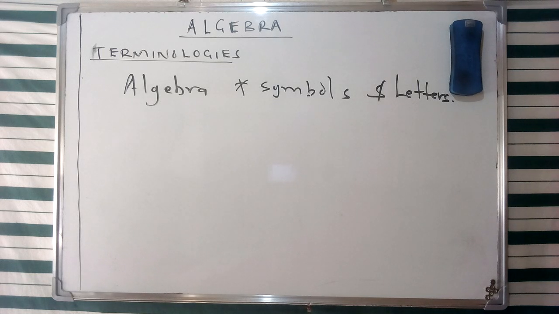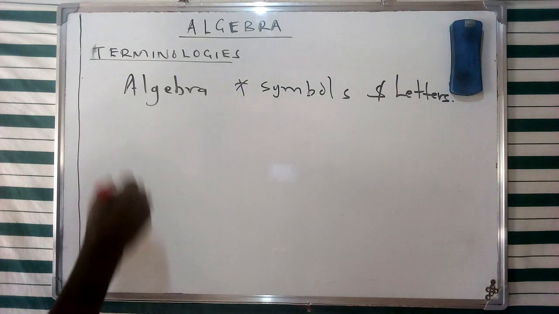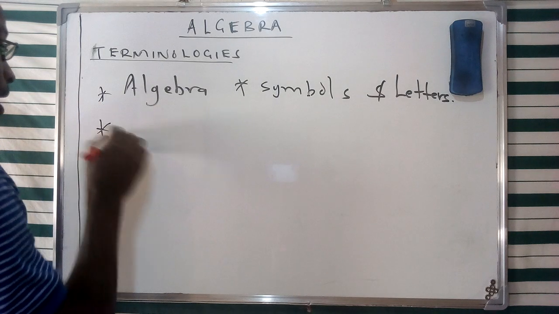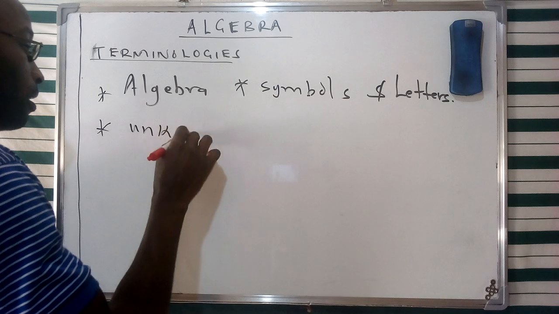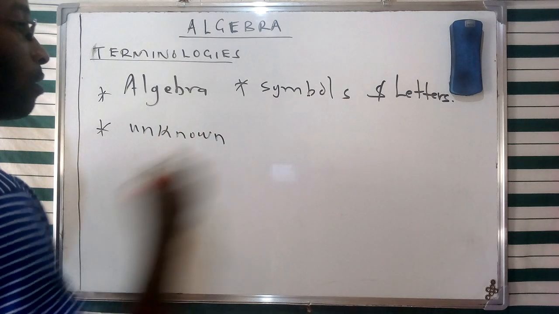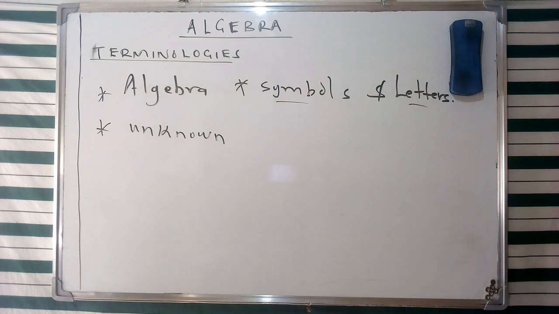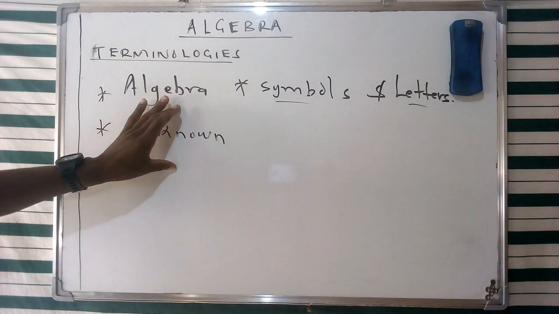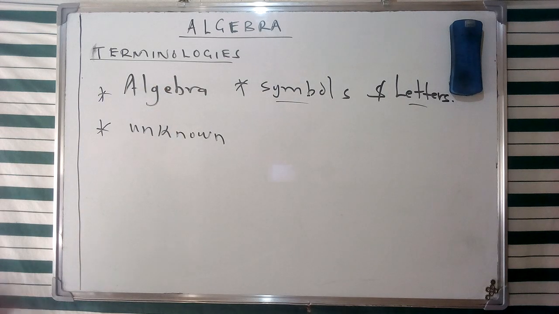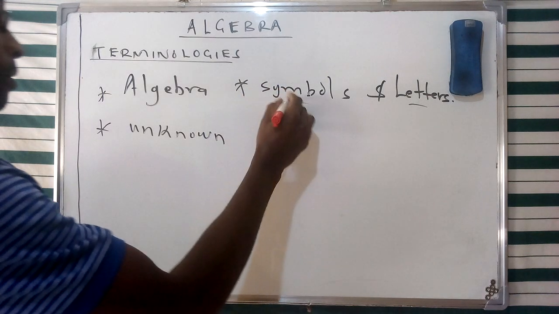Now in algebra, we're going to encounter what we refer to as unknowns. Unknowns basically refers to symbols or letters which are going to be used to represent perhaps unknown real numbers and other quantities, which I'm also going to elaborate on. Now, in this particular case, I've talked about the concept of symbols.